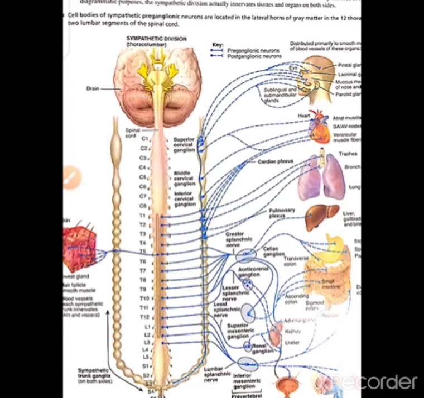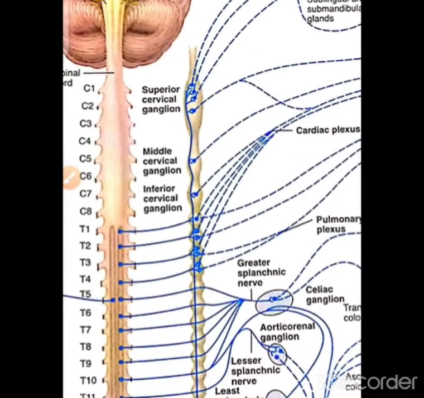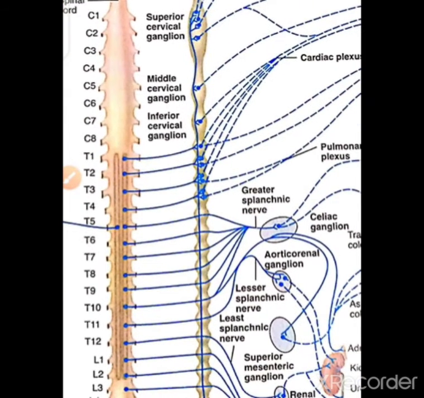Cell bodies of sympathetic preganglionic neurons are located in the lateral horn of the gray matter in the 12 thoracic and 2 lumbar segments of the spinal cord. Now see the sympathetic trunk ganglia, from the base of the skull to the T2 to T3 level.